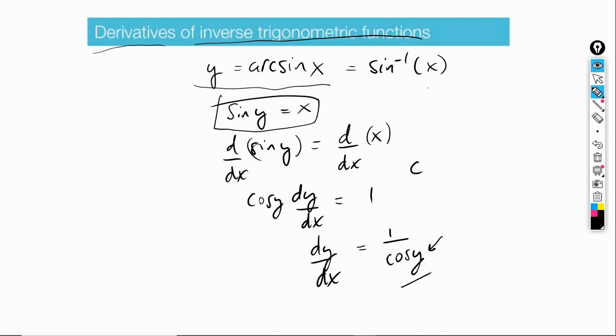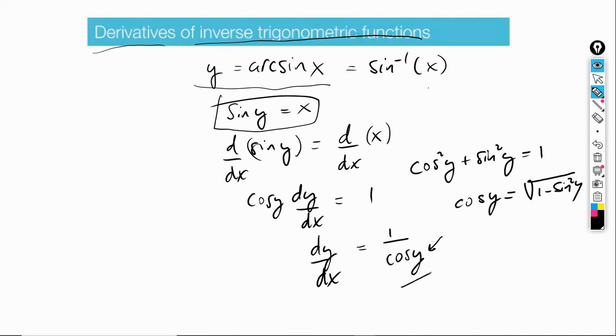Which is cosine squared of y plus sine squared of y is equal to 1. Therefore, cosine of y is equal to the square root of 1 minus sine squared of y.